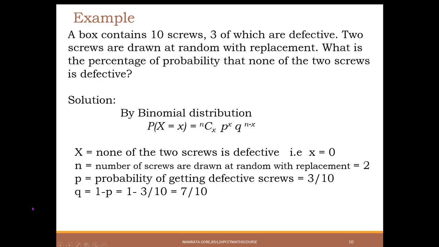Q will be 1 minus 3 by 10, that is 7 by 10. And substituting the values of x, n, p and q, our probability of x equal to 0 comes out to be 0.49. But here what is asked? Percentage of probability, and therefore we convert it to percentage, that is 49%. So this is all about binomial distribution.